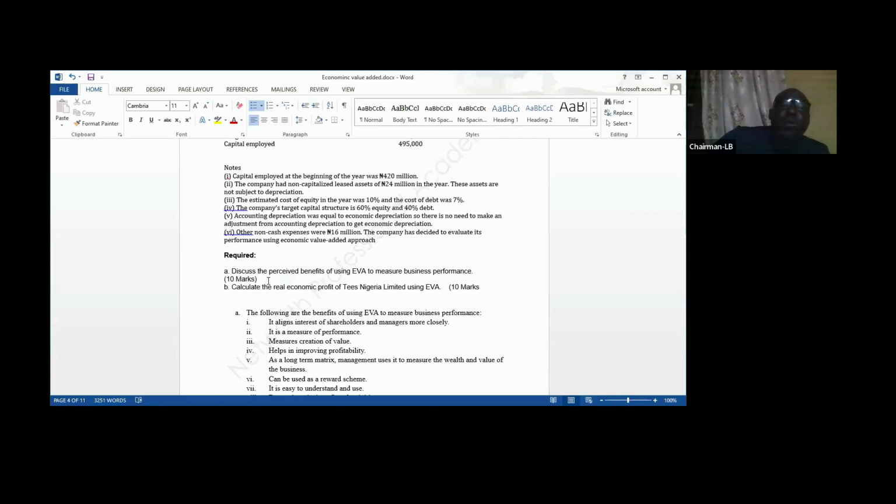That is point number 1. Point number 2, it is a measure of performance. It provides a tool for financial performance measure. It can be used to measure value created.